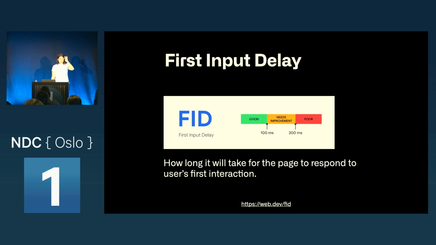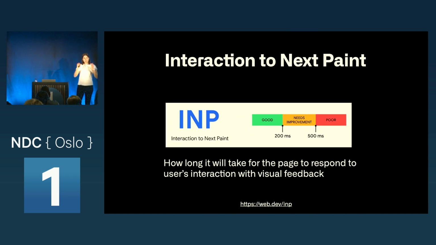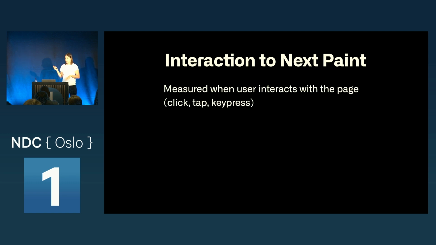I think interaction to next paint is a good replacement because it's about all the interactions, so it's a more useful metric, because I think first interaction doesn't necessarily give you great information about the overall user experience. Interaction to next paint is very similar, but it says how long it will take the page to respond to users' interaction with any visual feedback in general, so it's a singular value.